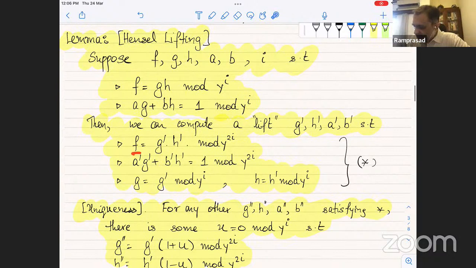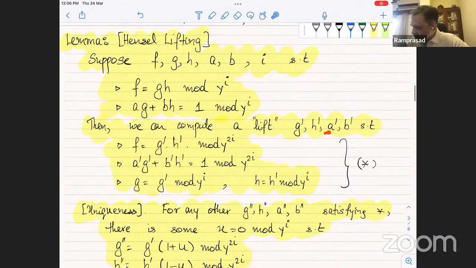That is now f equals g prime h prime mod y power 2i. The accuracy has improved: instead of mod y power i, you now have mod y power 2i. And furthermore, a prime g prime plus b prime h prime equals 1 mod y power 2i.